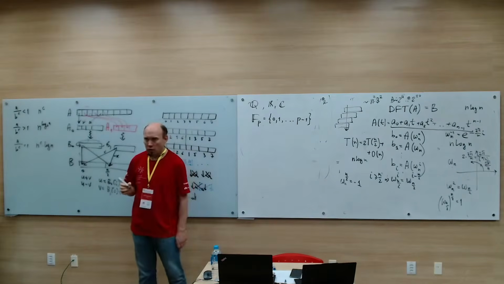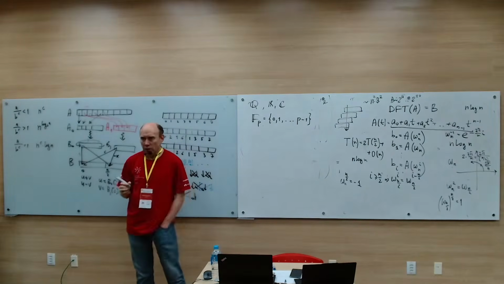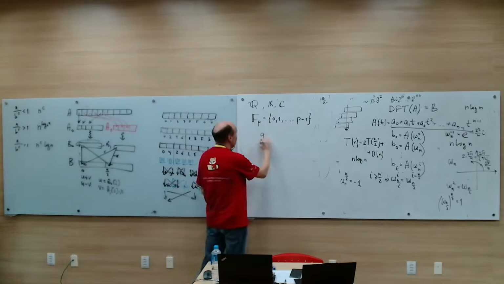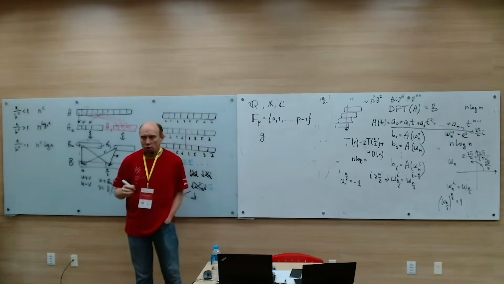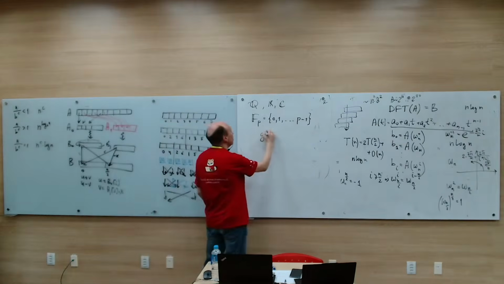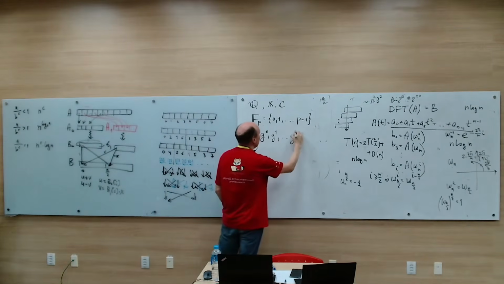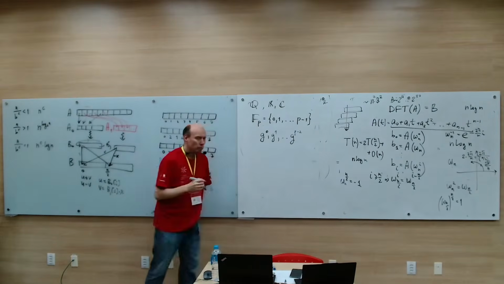And all of them except 0 can be represented as g to the power of 0, g to the power of 1, and so on, g to the power of p minus 2.